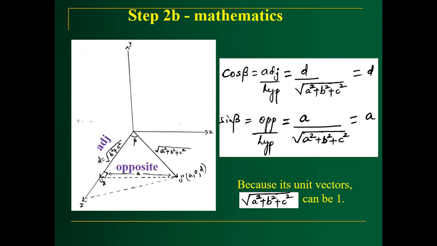Now, since we are dealing with unit vectors, the magnitude remains 1. So that is d by 1, it is d. Sine beta is opposite by hypotenuse. Opposite is a, hypotenuse is this. For unit vectors the magnitude remains 1, so it is a by 1, that is a.